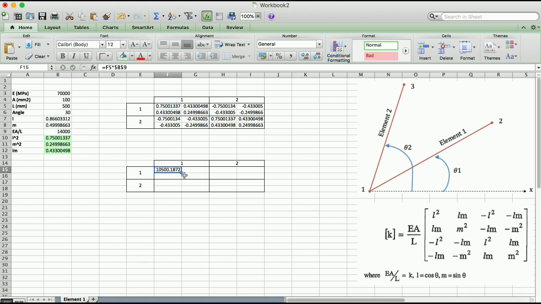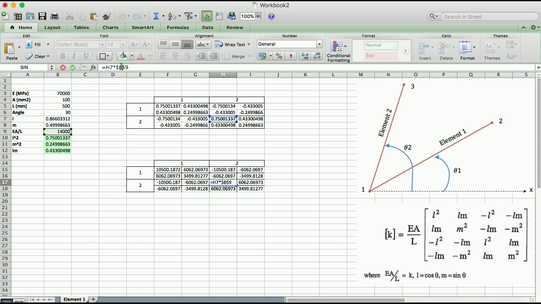This way, when we extend the formula, it will take EA over L from the same room. So we just double check, for example, this room. If I click on it, yes, it has taken this number and timed it to EA over L from B9.